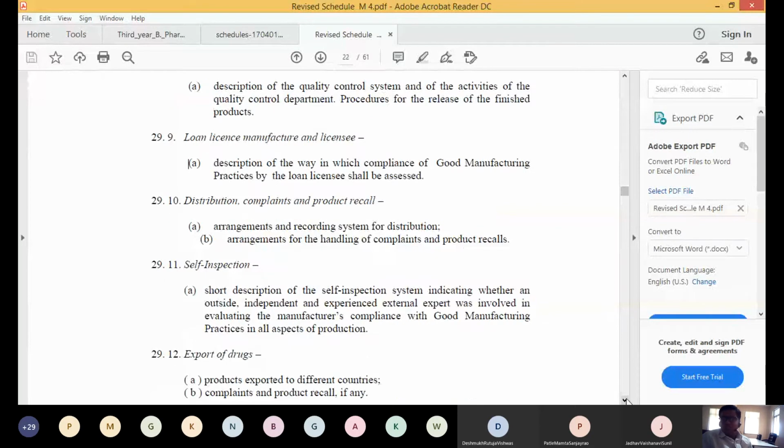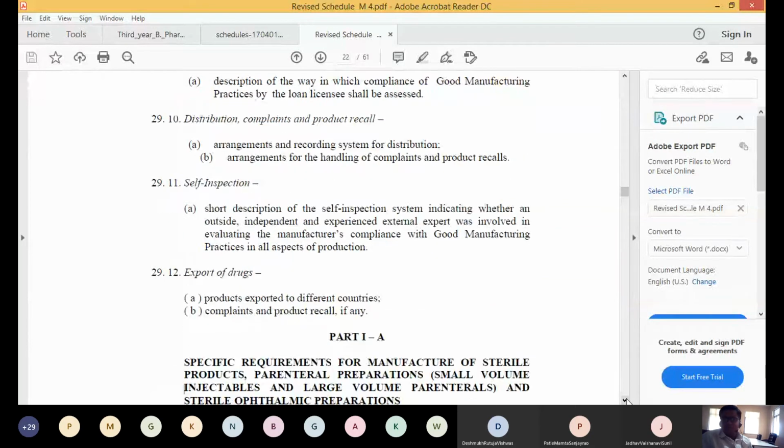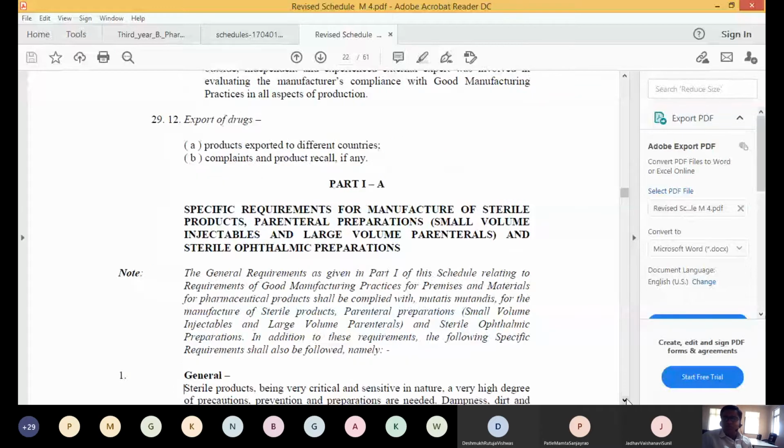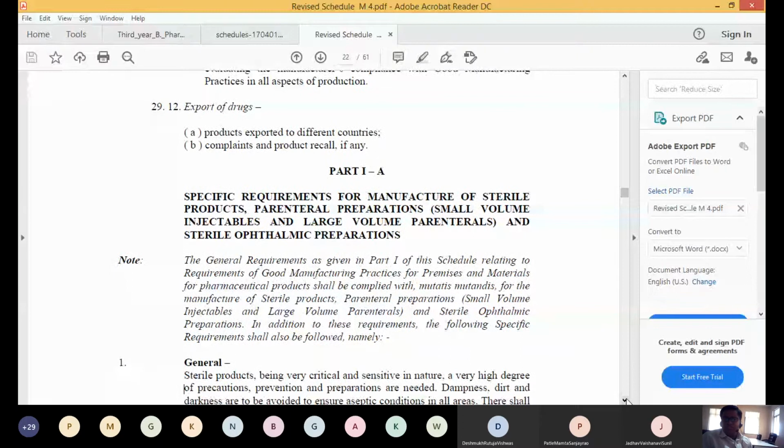We are going to discuss each and every point, no doubt. But just Part 1A, what is Part 1A? Part 1A is the specific requirements for manufacture of sterile products, parenterals, in that small volume injectables and large volume parenterals, and the sterile preparations. That is there in Part A.